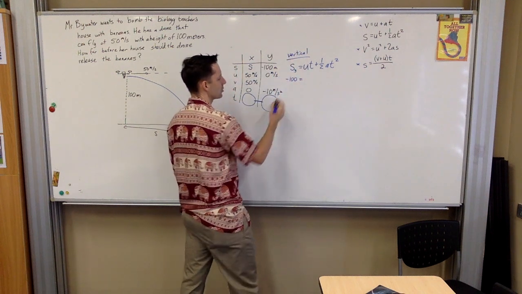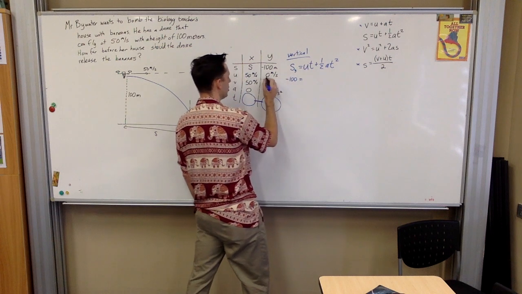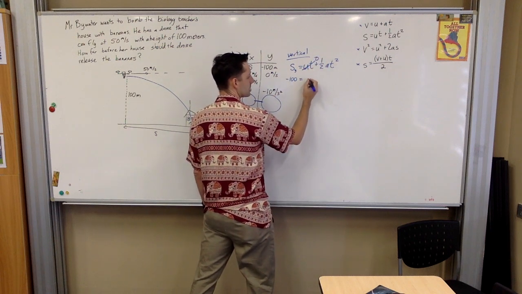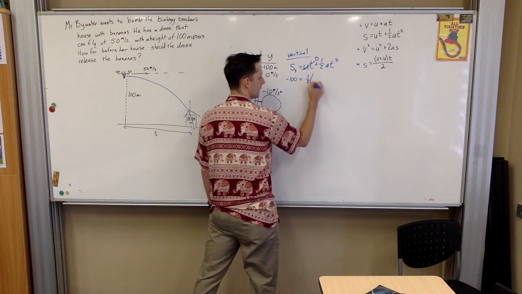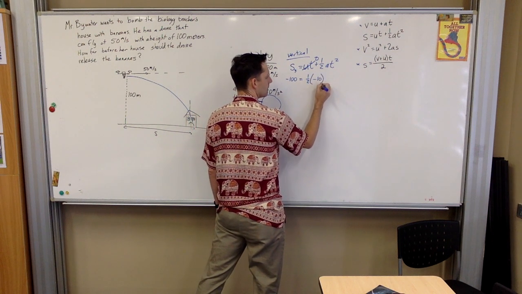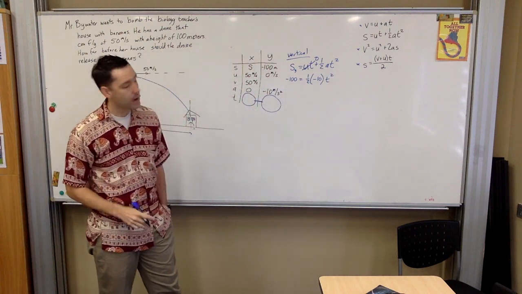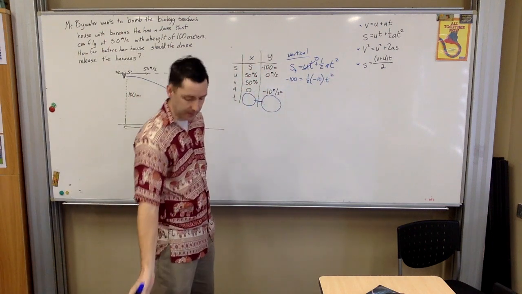Okay, so I'm dealing with the vertical stuff. Negative 100 equals U, which was 0, so that's going to go away, plus 1/2 times acceleration, which was negative 10, times T squared. At this point, you should be able to work that out.